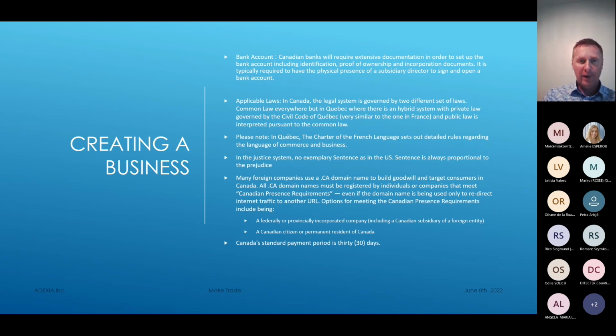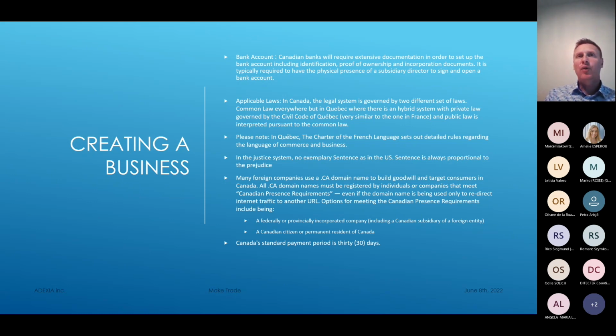In terms of applicable laws, again, it would be too simple if it was the same thing everywhere. So typically you have 2 sets of laws in Canada, and the main one for all the English-speaking Canada is common law. But in Quebec, they have a hybrid system between common law and civil code.